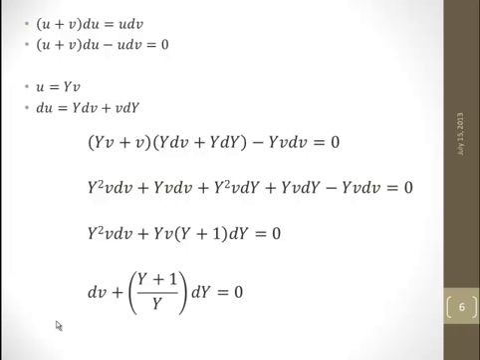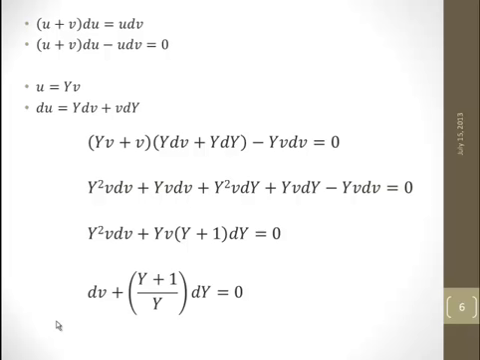Substituting these values into the equation, we now have (yv + v)(y dv + v dy) - yv dv = 0. Multiplying, we now have y squared v dv + yv dv + y squared v dy + yv dy - yv dv = 0.